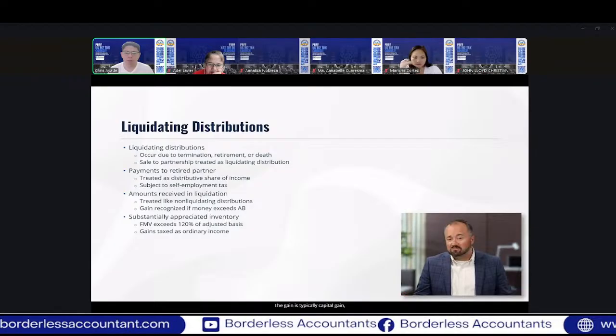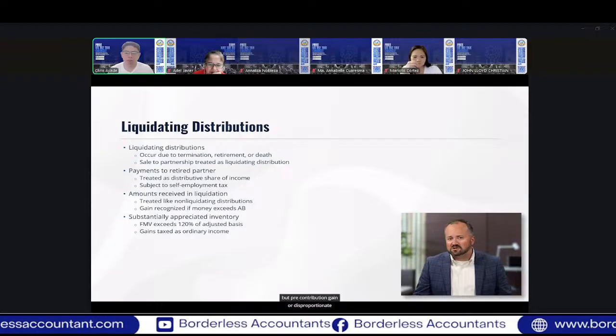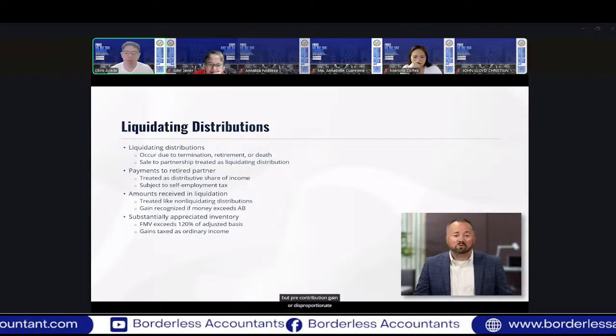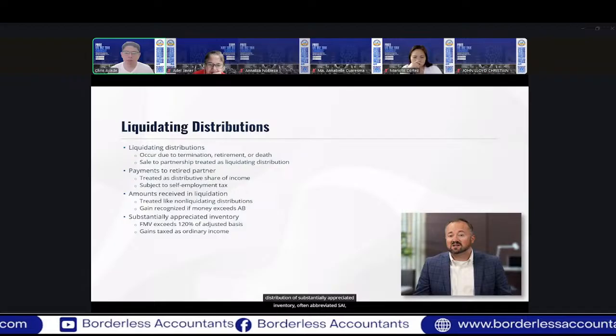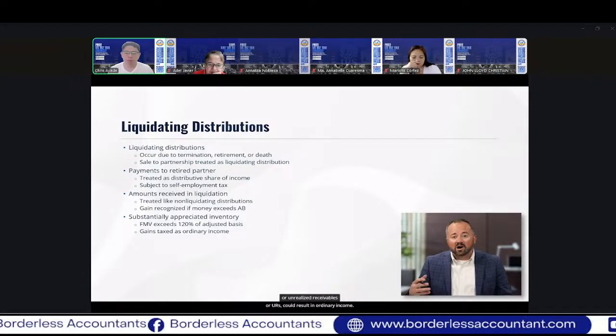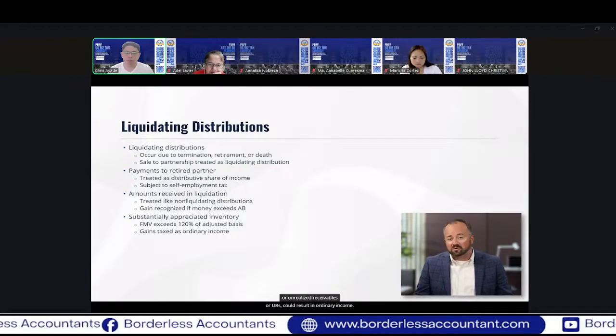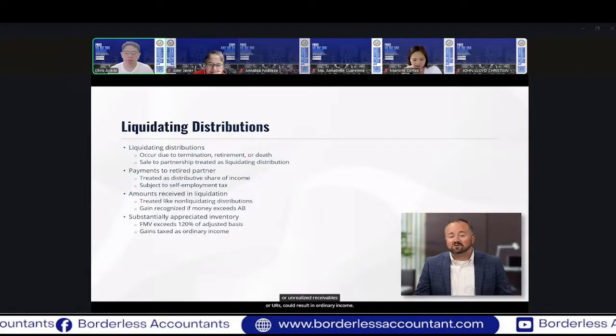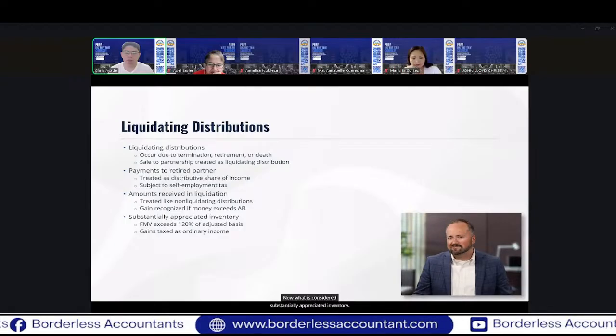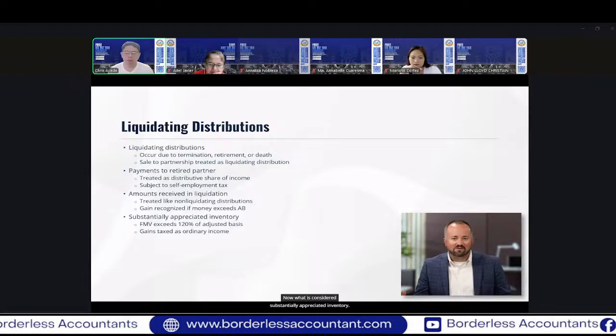The gain is typically capital gain, but pre-contribution gain or disproportionate distribution of substantially appreciated inventory, unrealized receivables, or URs, could result in ordinary income. Now, what is considered substantially appreciated inventory?